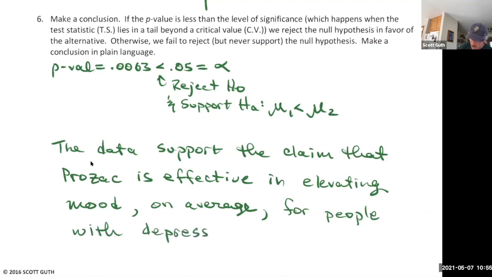Something I didn't mention is the probability of a type 2 error. I said it's a really complicated probability. But one of the things that lowers the probability of a type 2 error is increasing your sample size.